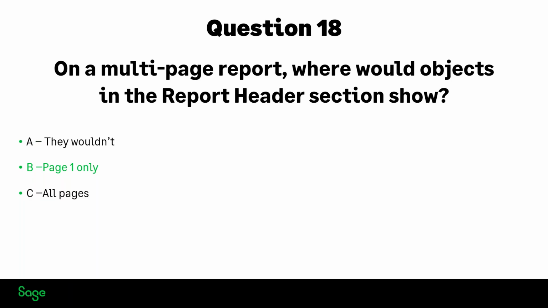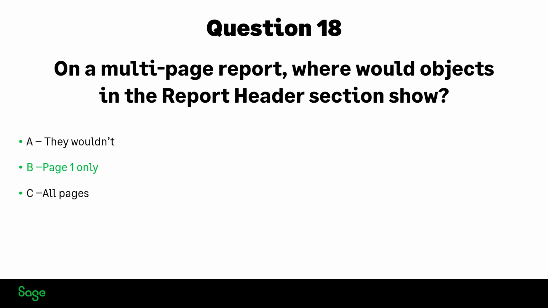Question 18, on a multi-page report, so when you've output it, it's on multiple pages, where would objects in the report header section show? They would appear on page 1 only. So the key there is it's the report header. It's a header section for the report. For it to appear on all pages, it would need to be in the page header section. Sometimes you'll want it to appear on all pages, sometimes you won't. So that's the difference between the two.